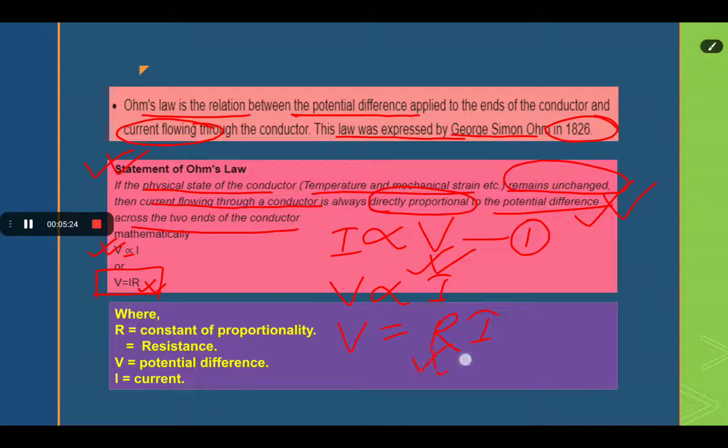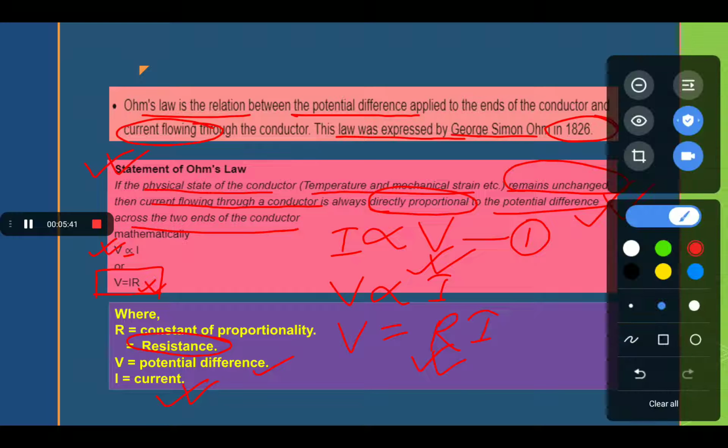Here R is the constant of proportionality, and this constant is called resistance. Here V is the potential difference and I is the current. This is the statement of Ohm's law.